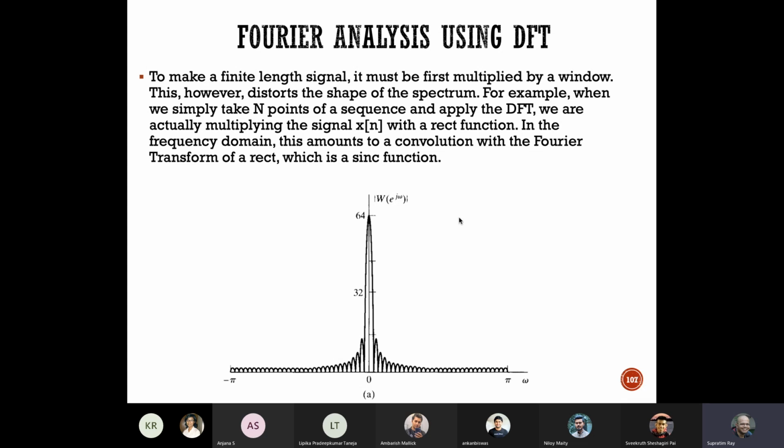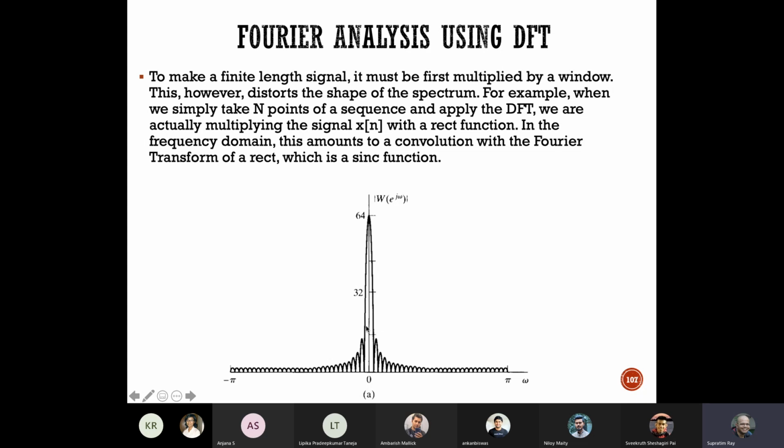So even when you don't think you are multiplying it with anything, you're actually multiplying it with a rect function. And the distortion in the spectrum because of this is because you're essentially convolving the true spectrum with the Fourier transform of a rect function, which is a sinc function that looks like this.